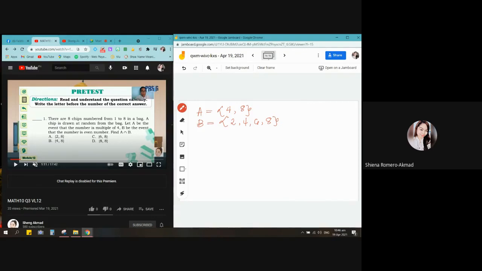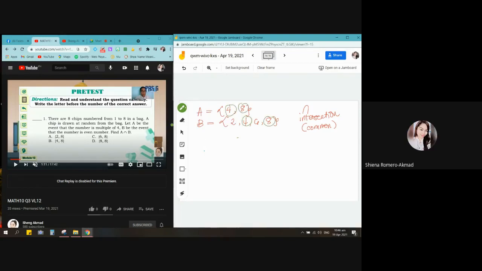So, ang hinahanap natin dito is yung intersection. When we say intersection, you have to find what is common in both events. Ano na yung mga common elements? 4 and 8 po. 4 and 8, right?